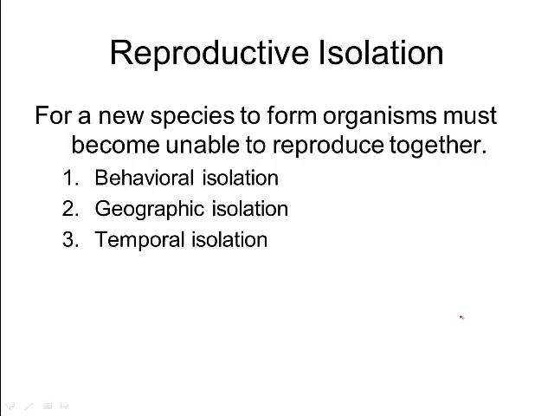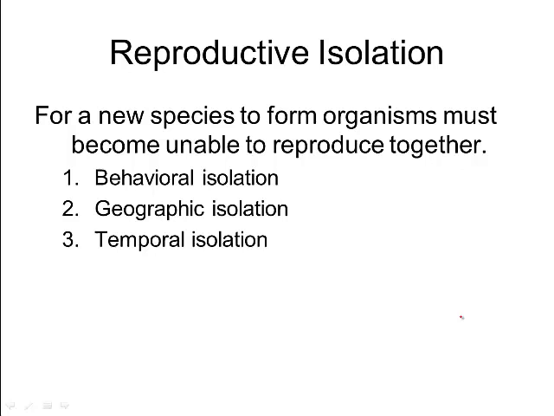So if any of these 3 things happen, and sometimes it's a combination of more than one of them, but members of a species become unable to reproduce together for whatever reason, they could eventually evolve into separate, distinct species that when you try to put them back together, they will not reproduce because they cannot.